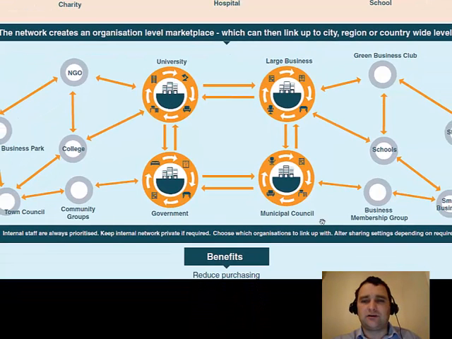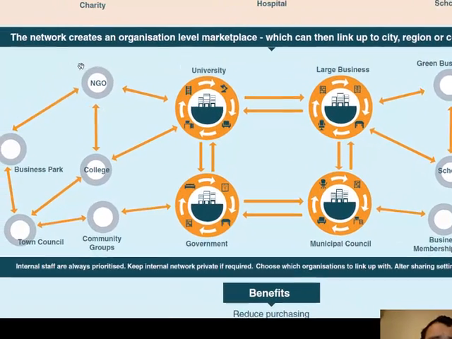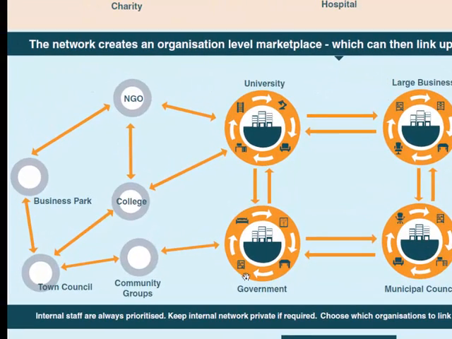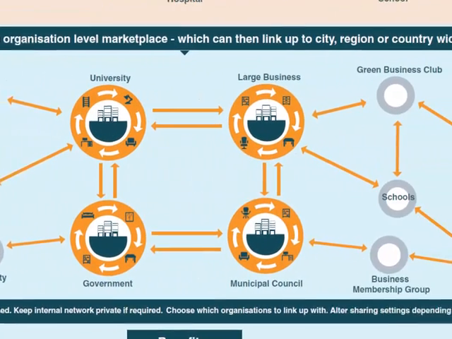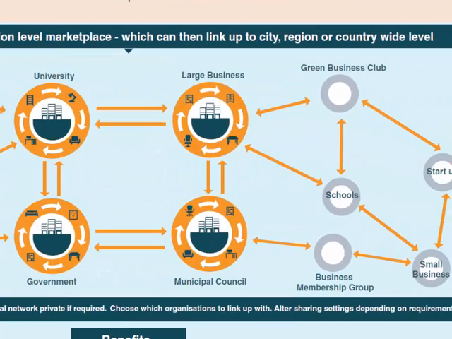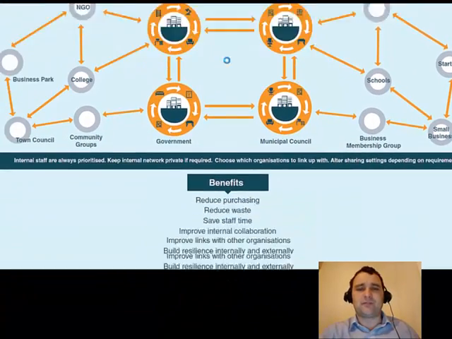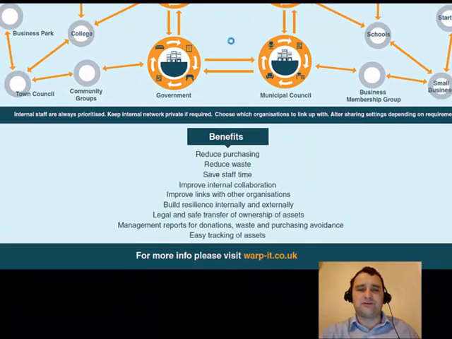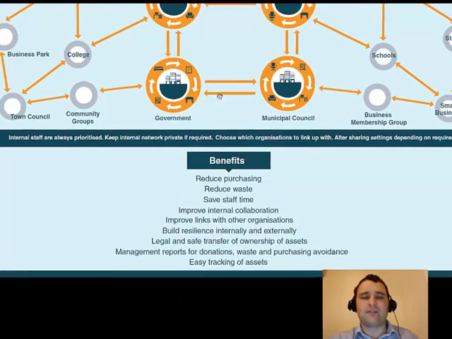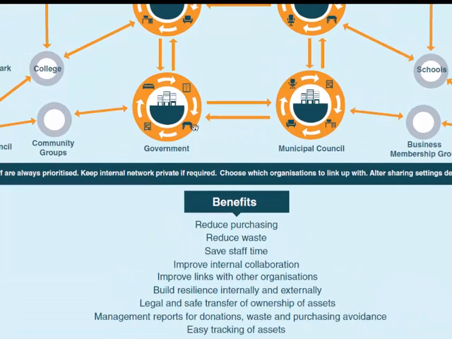So what you get on a large scale, on a town or city or region-wide scale, is organizations swapping and sharing surplus assets. So this obviously reduces the incidence of purchasing new assets, which stops the environmental impact of the supply chain.